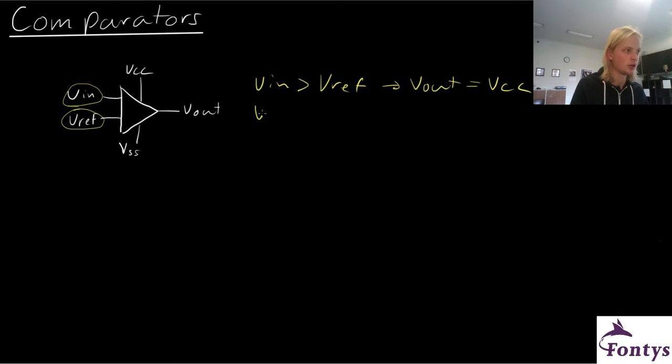But on the other hand, if Vin is lower than Vref, the Vout is equal to the VSS, to the negative power supply.